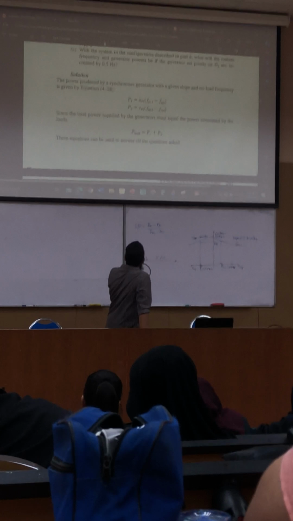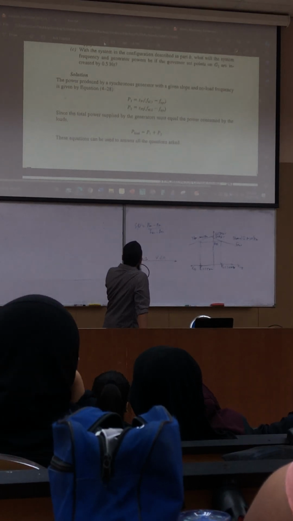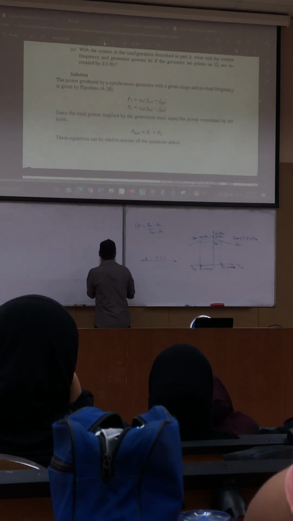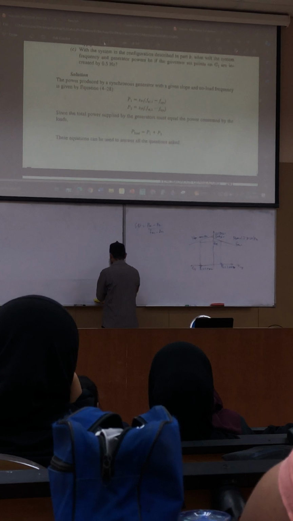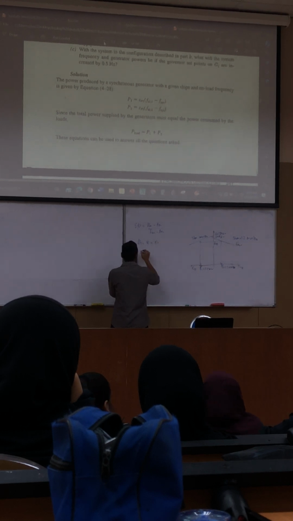So kalau tengok balik kepada portion of your sharing tu, so P load adalah P1 tambah P2. P load ni adalah 2.5 megawatt. So P total adalah P1 plus P2.